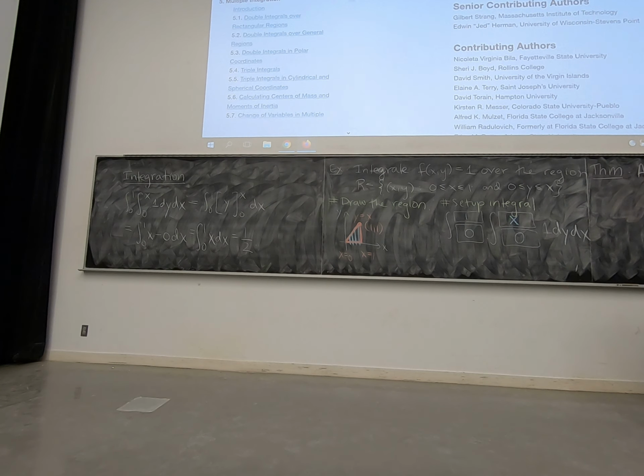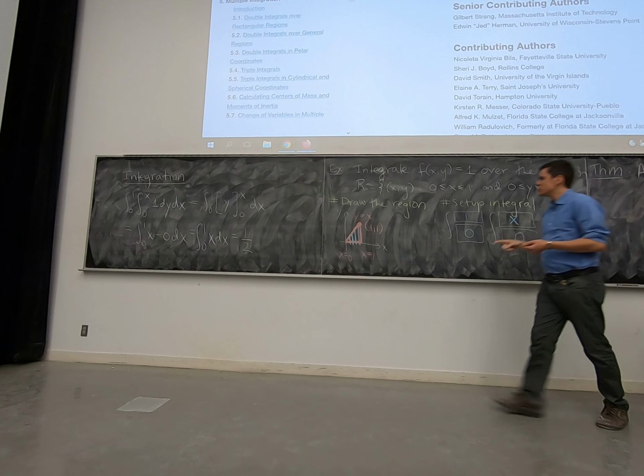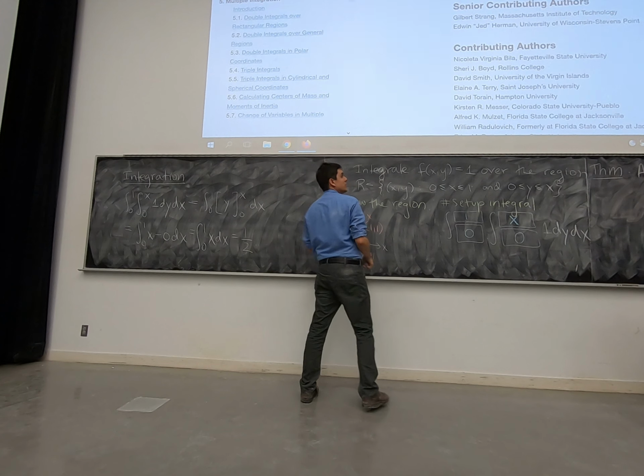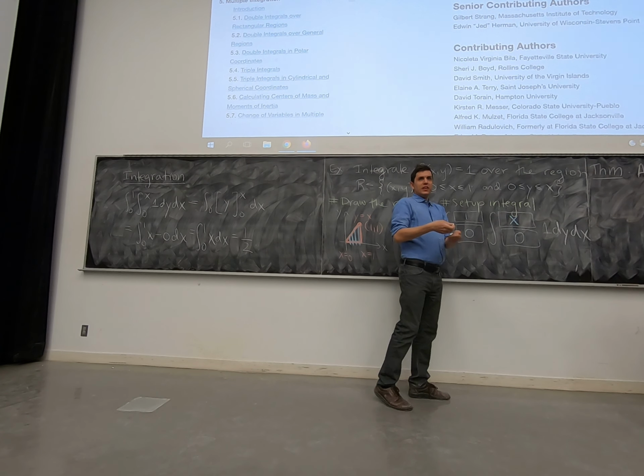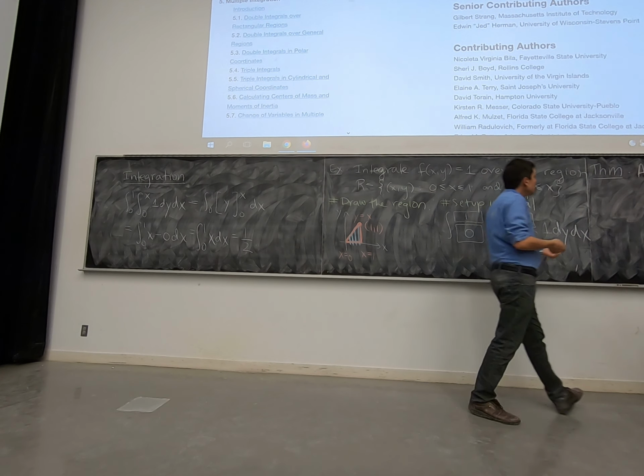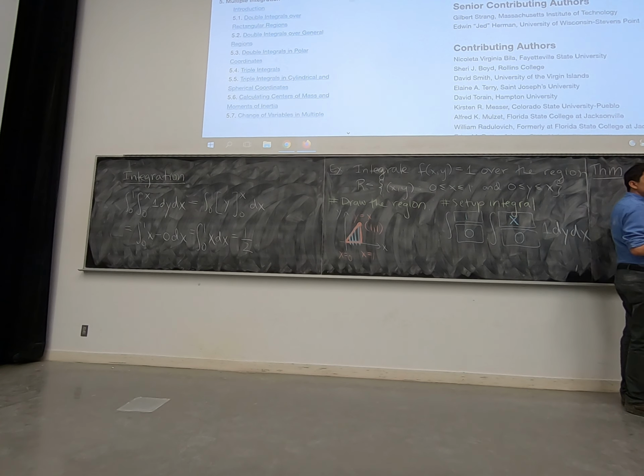If we've got a region and we integrate 1 over the region, that corresponding volume is equal to the area of the region we're interested in.